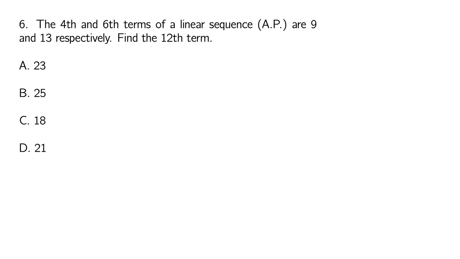The next problem says that the 4th and 6th terms of a linear sequence, which is also an arithmetic progression or AP, are 9 and 13 respectively, and we are supposed to find the 12th term. We know, if we recall, the formula for the nth term of an AP is a plus n minus 1 times d.